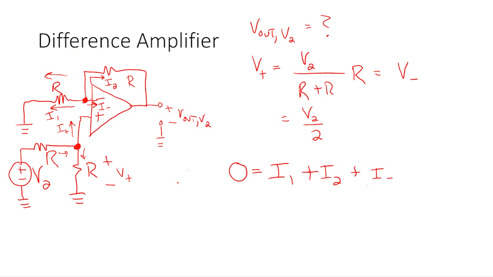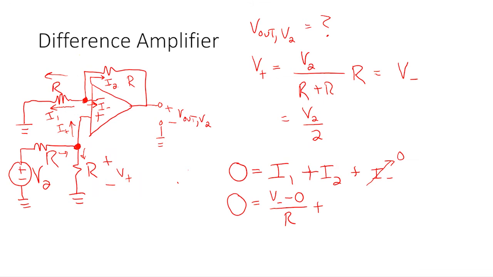I minus is just 0, it always is. Op amps are built that way. What's I1? I1 is the current in the resistor connected to ground, so that's V minus minus 0 over R.